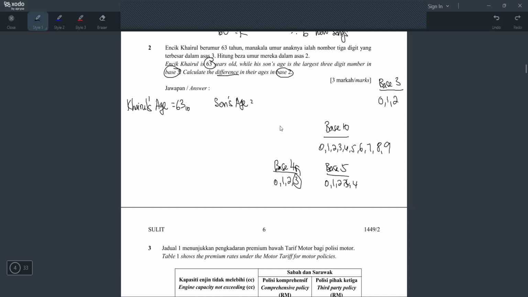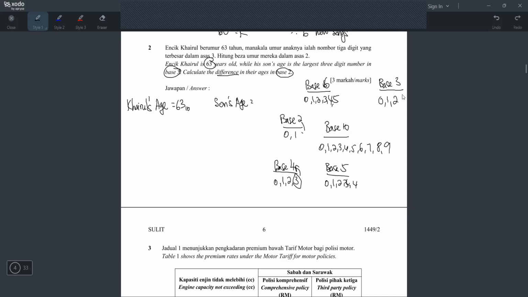The highest digit is always 1 less than the base. If I say base 2, what will be the highest digit? 1, because you can only see 0 and 1. Okay, last one, base 6. The highest digit you see is 5 because it's 0, 1, 2, 3, 4, 5 only. Because the highest digit is always 1 less than the base.